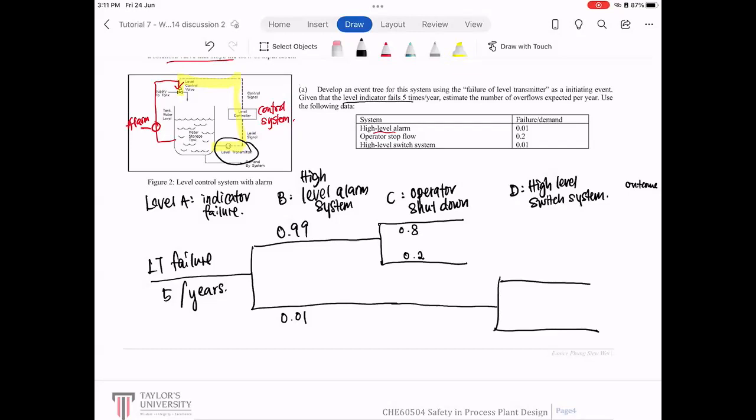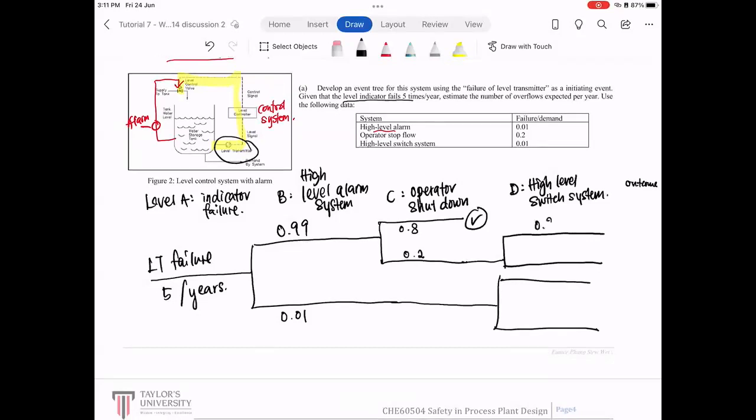Once it stops the flow, this is safe, meaning it's already stopped. The event stops there. But this one continues because the operator doesn't stop the flow. So it comes to here. The high-level switch system will shut down the system 99% of the time, and 0.01 fails.